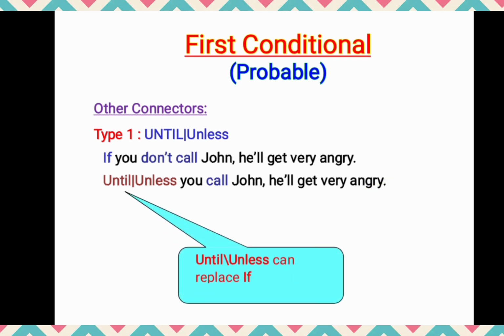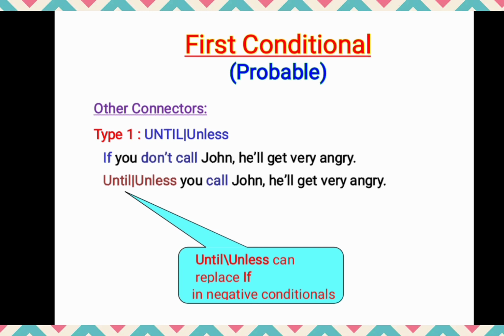Until and unless can replace if. In negative conditionals, we can replace if with the words until or unless in English grammar. That is also a very important rule and type of first conditional, probable, in grammatical construction: until and unless.